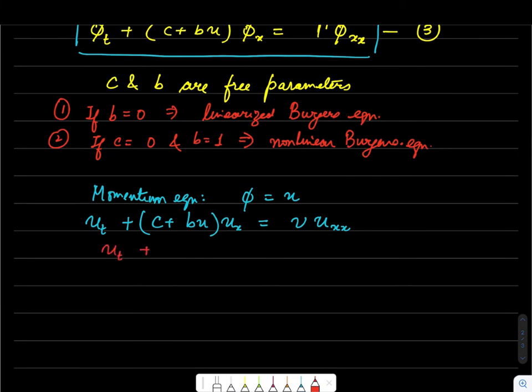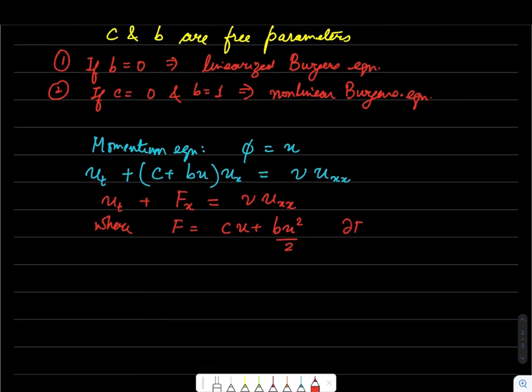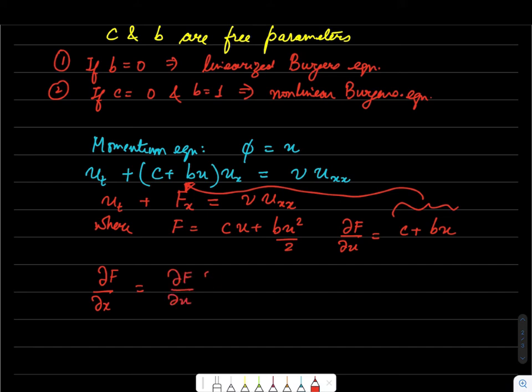I can write this as u_t plus df/dx equals nu u_xx, where I can say that f is Cu plus Bu squared by 2, which basically means that df/du is C plus Bu, which is the same as here, and clearly df/dx will be df/du into du/dx, which I can write as (C plus Bu) u_x.